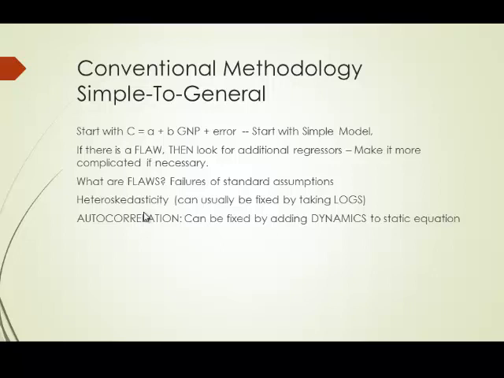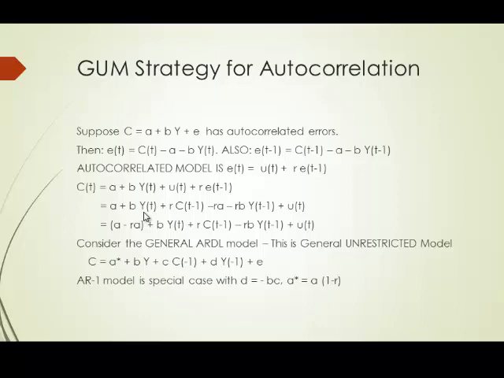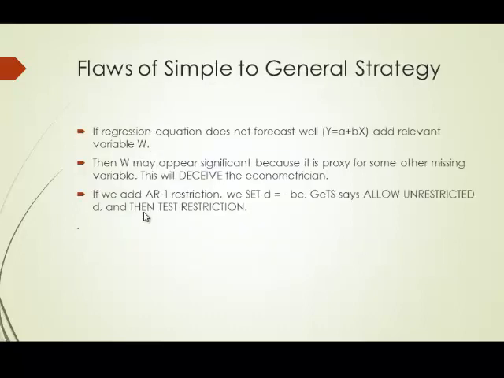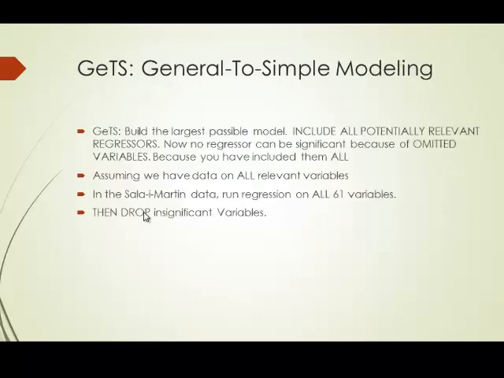So your simple model is almost guaranteed to be wrong. The alternative is called GETS, General to Simple Model, by Hendry.